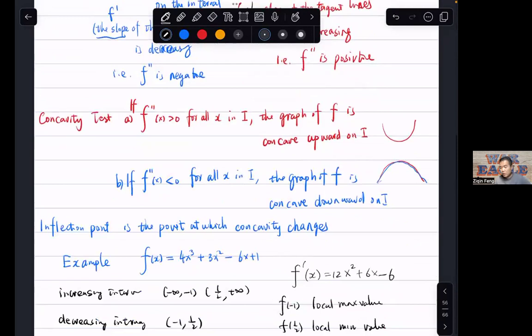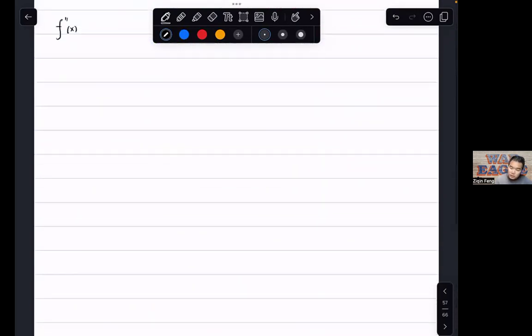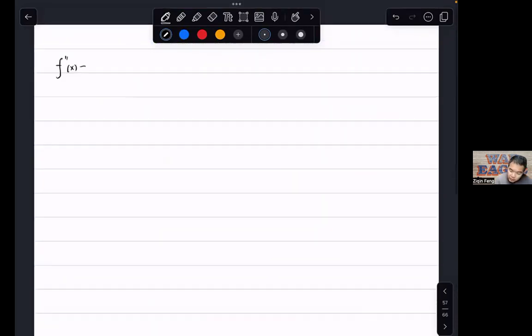So this should be 24x plus 6, right? And so you can see that f double prime of x equals 0 when x is -1/4, right? That's an easy equation to solve.